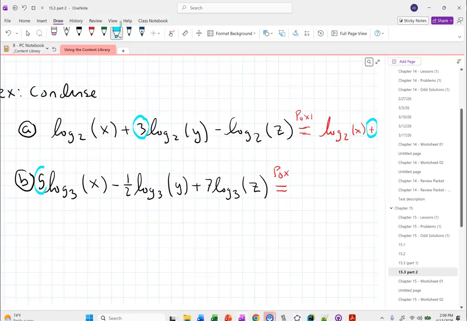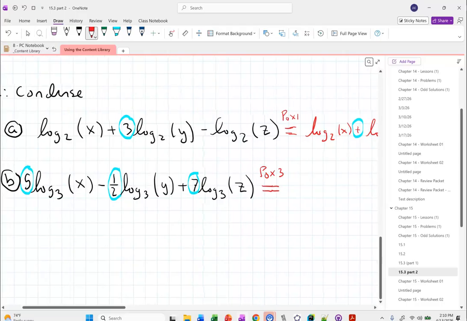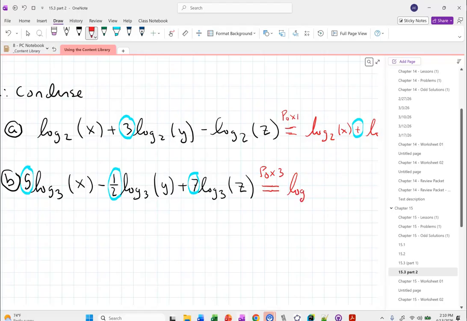We see 3 because I have 1, 2, 3 coefficients. Okay, remember in the power property, those coefficients are going to turn into exponents.